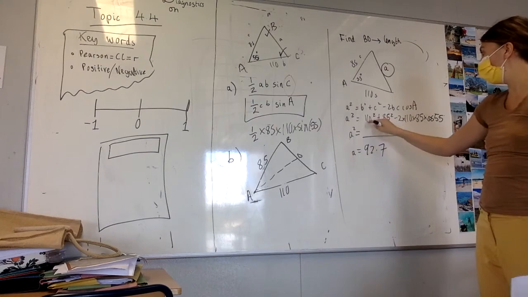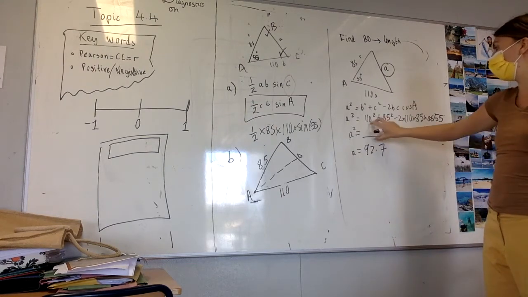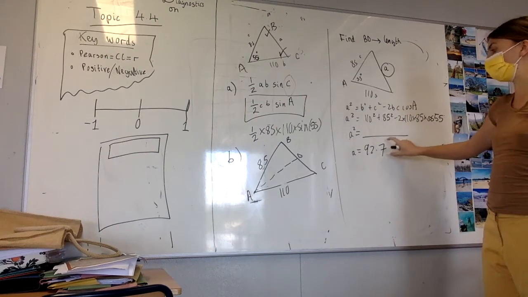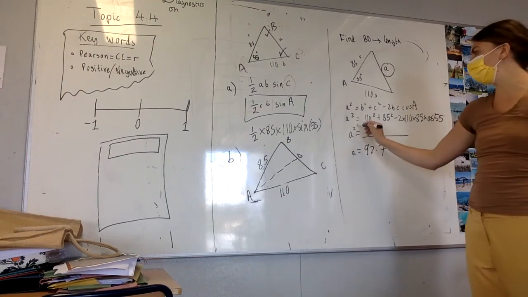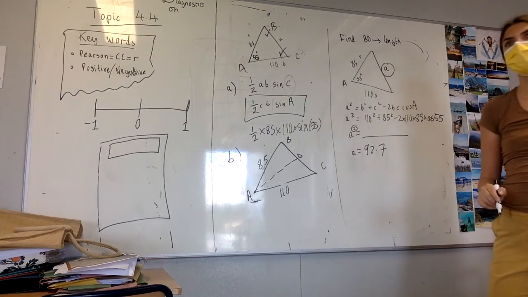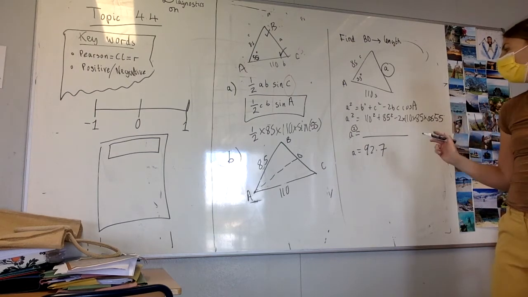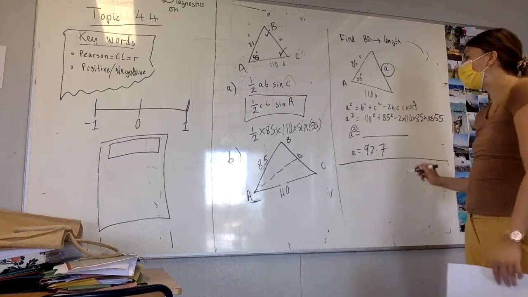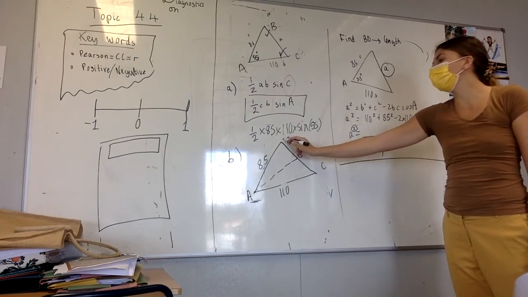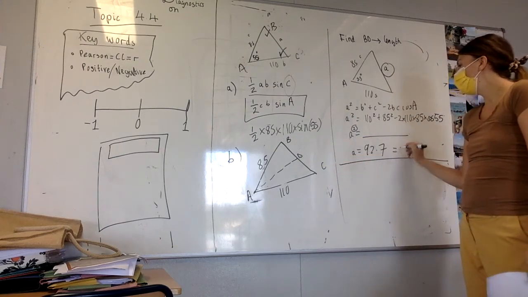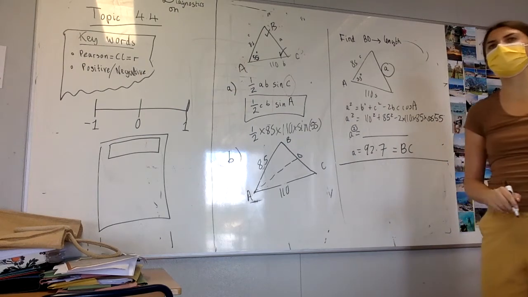So we need to work out what this is, and then when we get this long answer, we square root it to get 92.7, to get rid of this square. You're looking a bit confused. No, I get it. So then our final answer would be to say our length between B to C is 92.7.